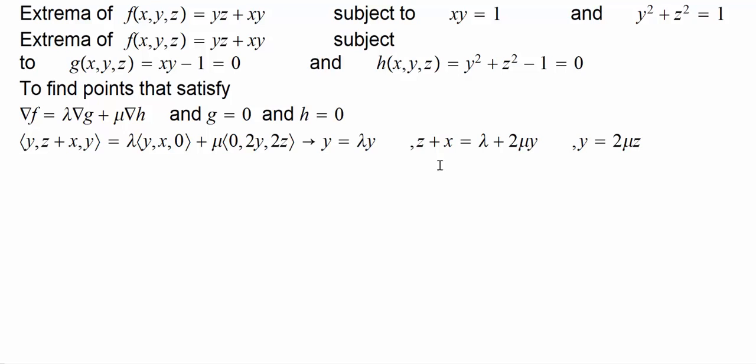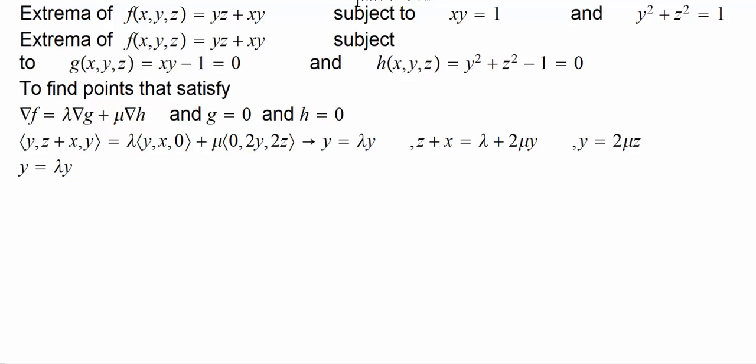Now notice this: because we have the condition that the product of x and y is 1, y cannot be 0. So since y cannot be 0, what will this give us?